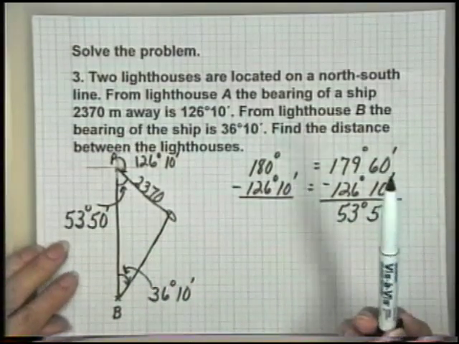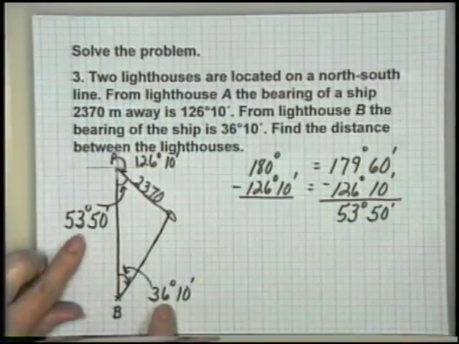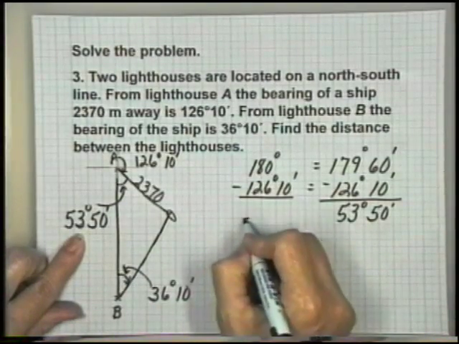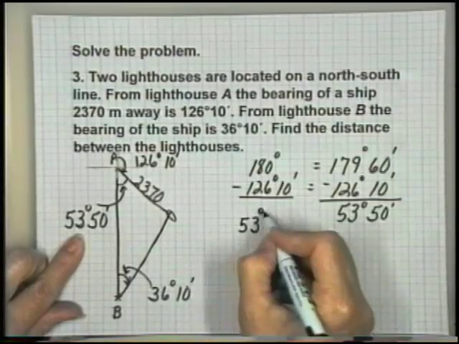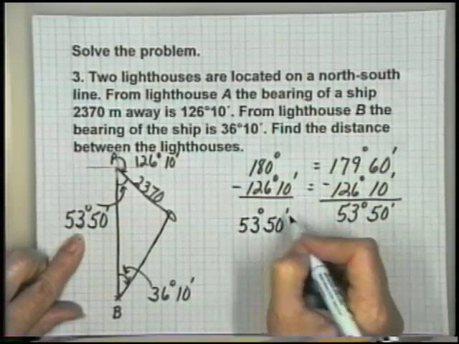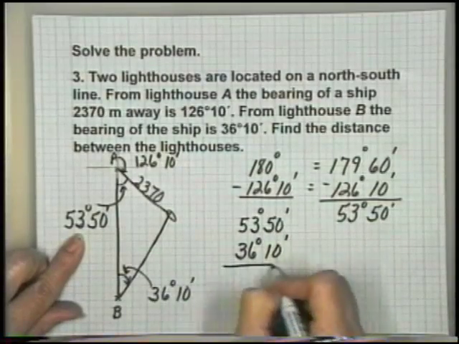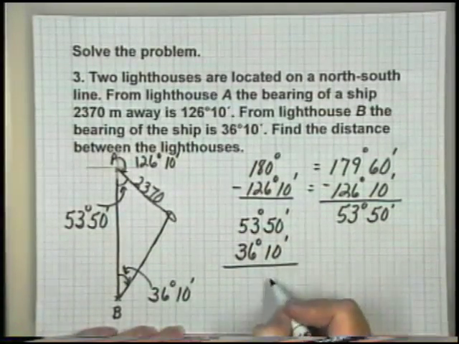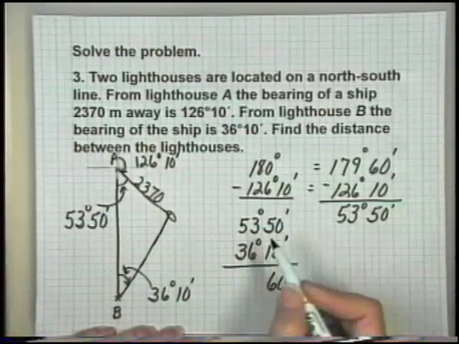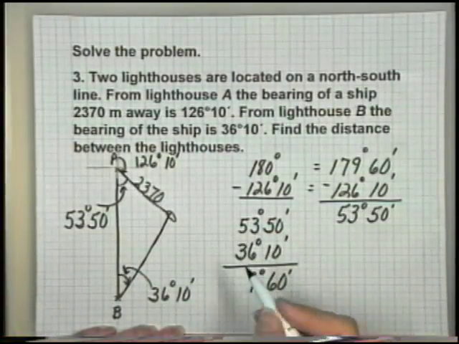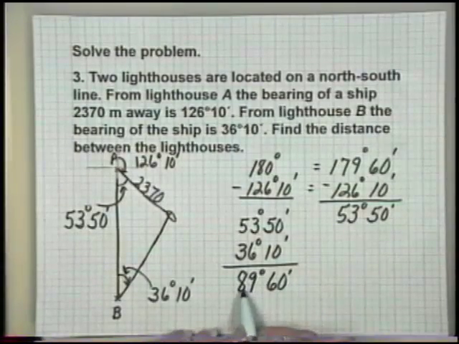To figure out if this is a right triangle, I'm going to add these two angles. These would be the two acute angles. 50 minutes plus 10 minutes is 60 minutes. 3 plus 6 gives me 9, and 5 plus 3 gives me 8.